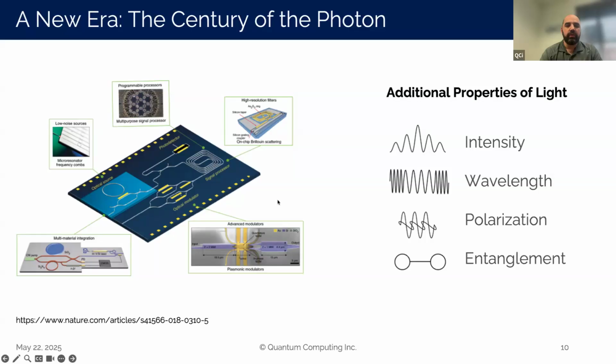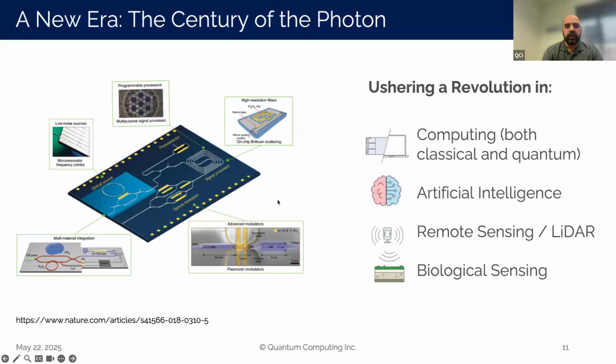But now we're able to store information in the wavelength of light, in its color, in polarization, and that is the orientation of the electric field in the fiber.